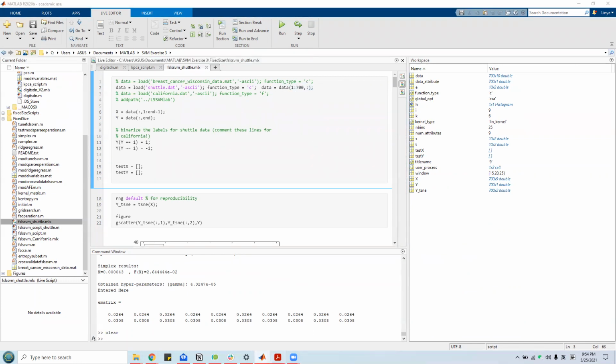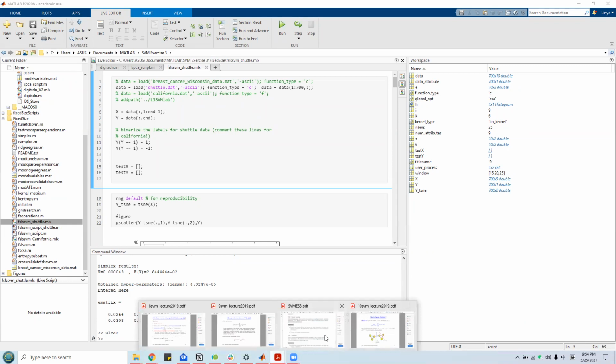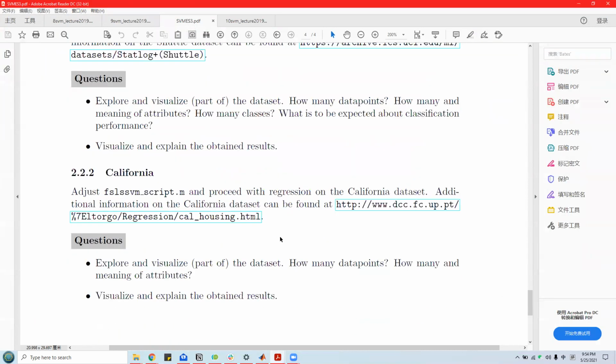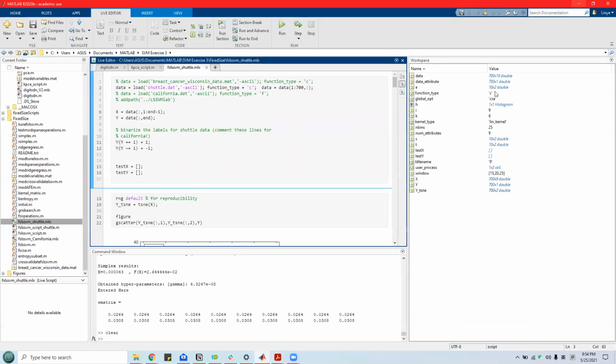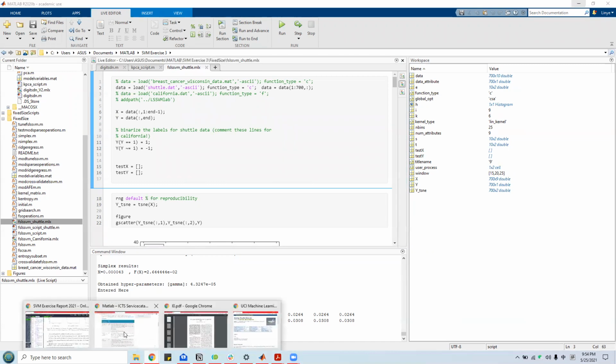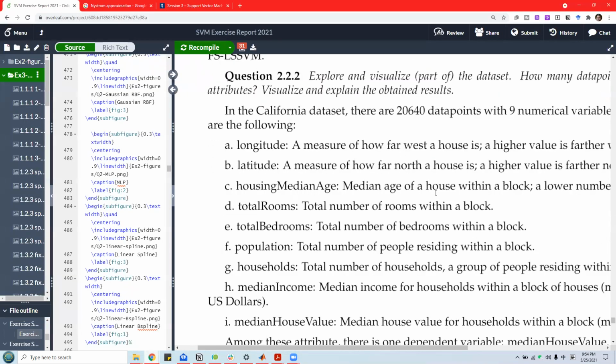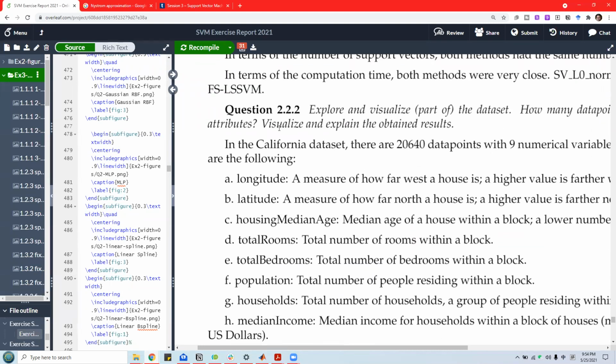But I think what they were trying to let you compare is, if you go with the California data set, then you get about 20,000 and 6.